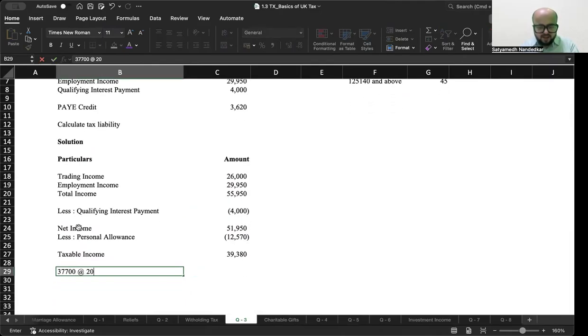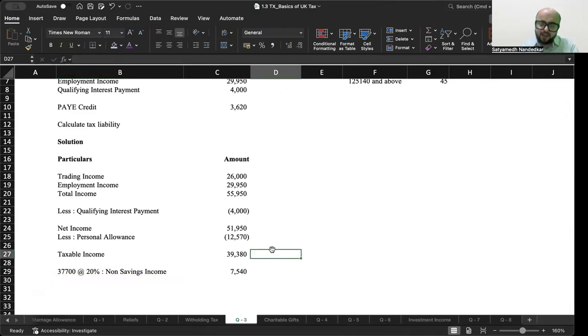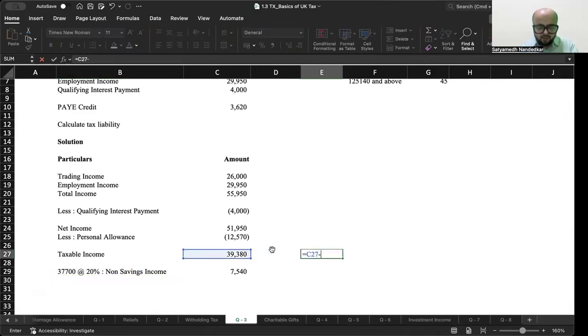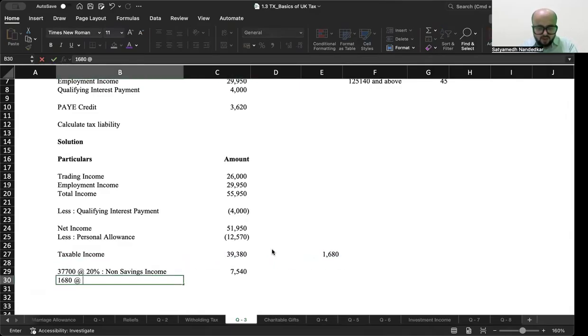So 37,700 will be taxed at the rate of 20%. This is non-savings income, basic rate band. 37,700 into 20%. And 39,380 is the total taxable income, out of which 37,700 was taxed in the basic rate band. How much is left? 1,680 is left, which will be taxed at 40%.